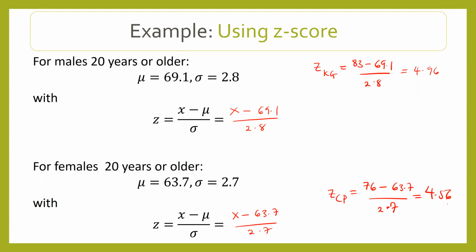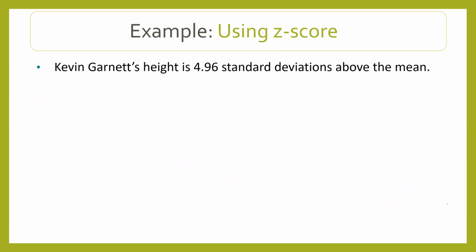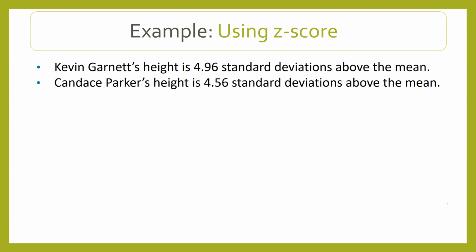So who is relatively taller? First, let's interpret those scores. Kevin's height is 4.96 standard deviations above the mean. Remember, it's how far you are. If it's positive, it's above the mean. Candace Parker's height is 4.56 standard deviations above the mean.